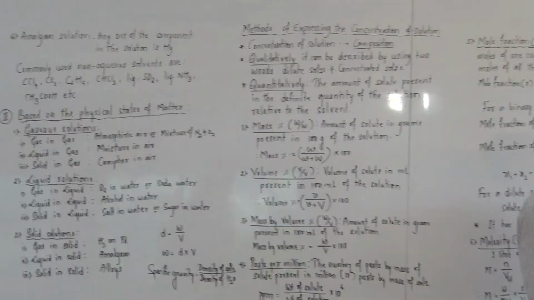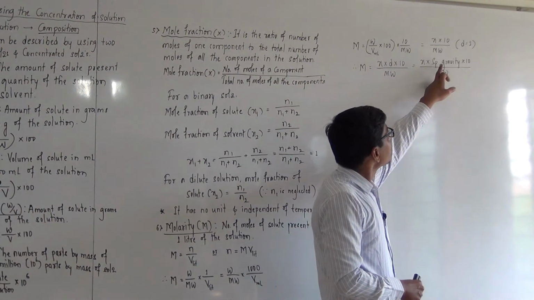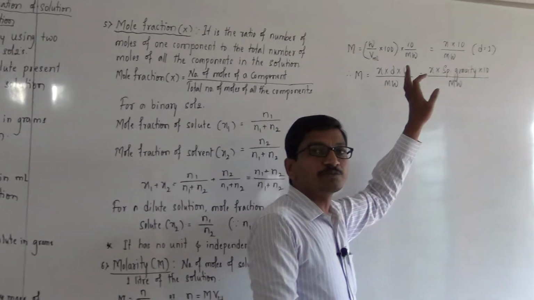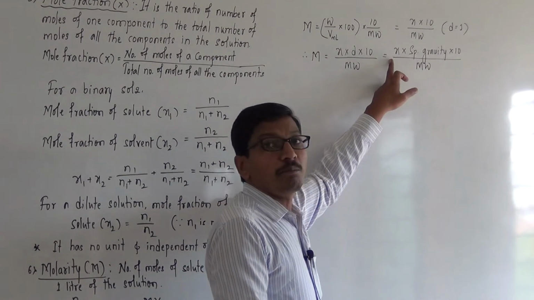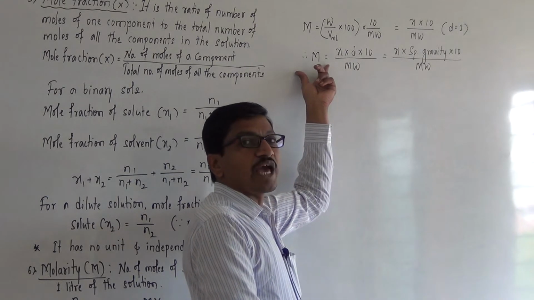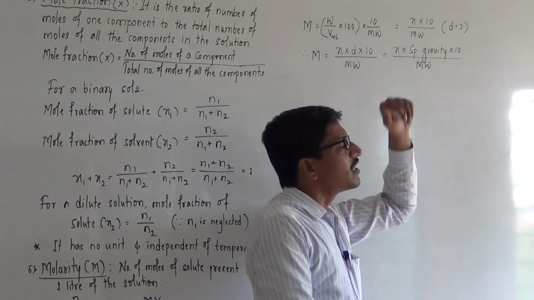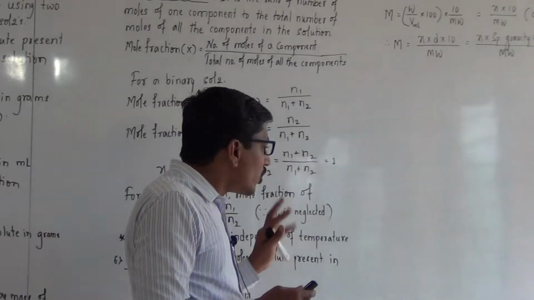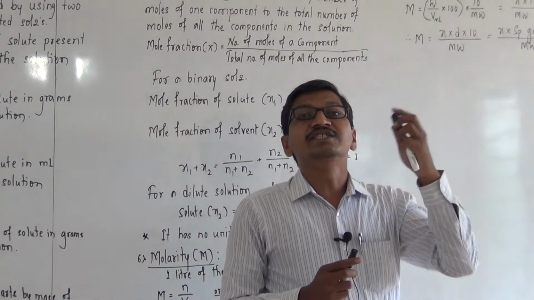By substituting density as a specific gravity, by knowing the specific gravity as well as percentage composition of solute in mass by volume, the expression used to calculate the molarity is X into specific gravity into 10 divided by molecular weight. This molarity decreases with increase in temperature.